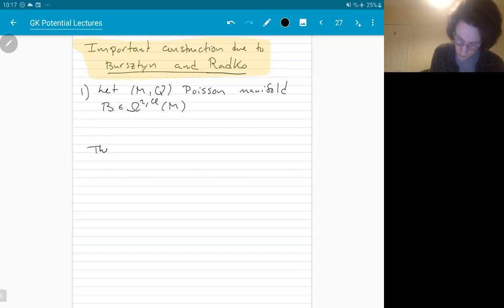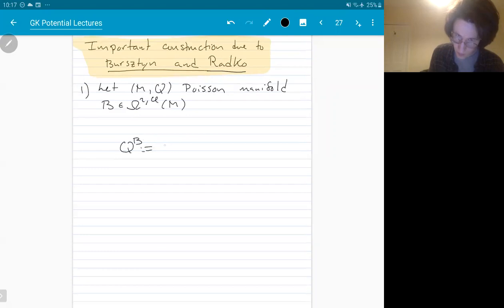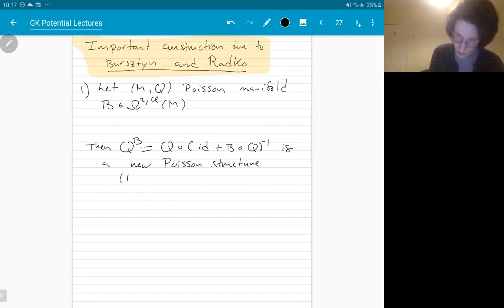There's a formula for this, Q_B, which as a map from T star to T is defined with the following formula. This is a new Poisson structure, which is called the B field transform of Q. I think this is due to Chavera.